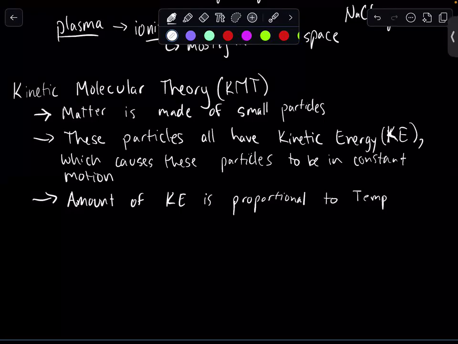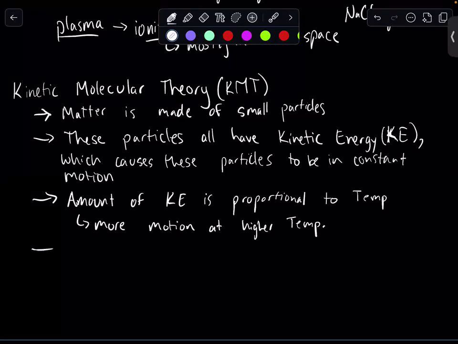So what that means is that we have more motion at higher temperatures. You can kind of imagine that if you're walking slowly throughout a room, you feel kind of cool. But if you start running and you just start running around like crazy, you're going to start warming up. You're going to start heating up. And you can kind of think of particles the same way. The faster they're moving, the hotter they are.